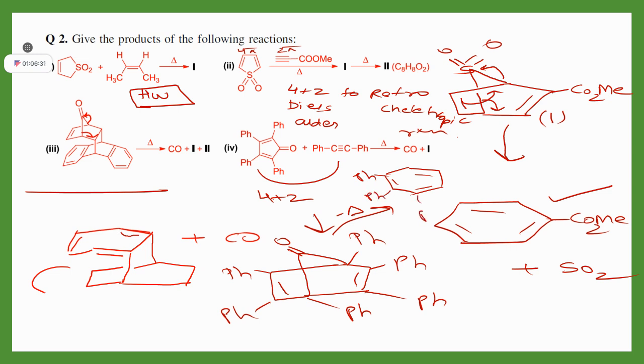So in this case, your answer is this. Yes or no? So in case 4, your final product is a benzene ring having all the carbons attached to phenyl. First is your homework.